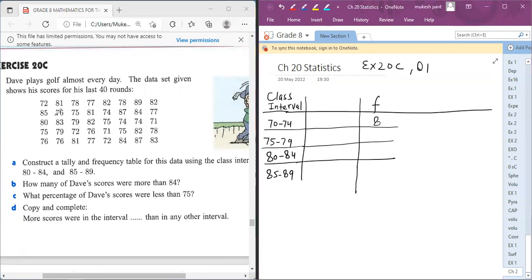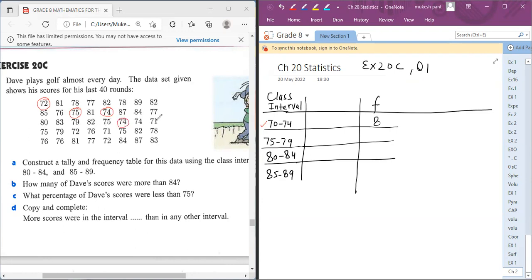I will put a red mark over this one. First, I'm looking for 70 to 74, so all the numbers from 70 to 74: 72, and then 74.